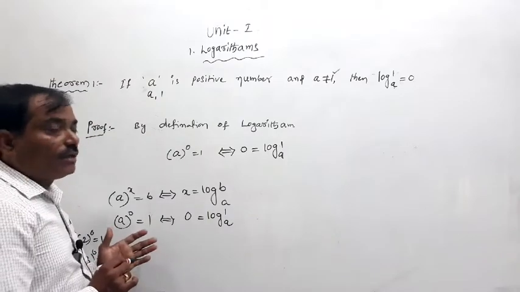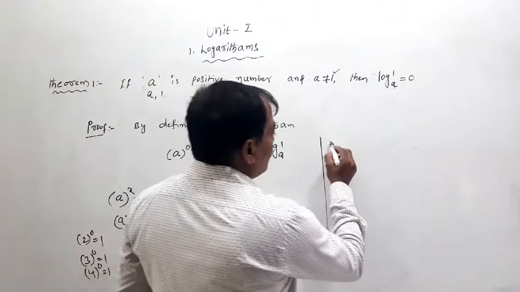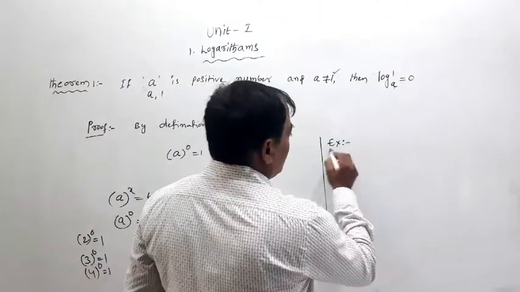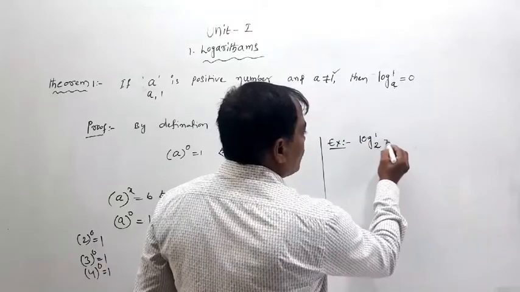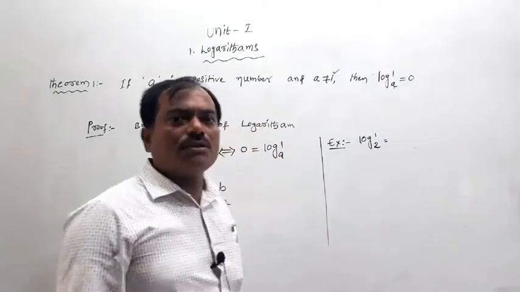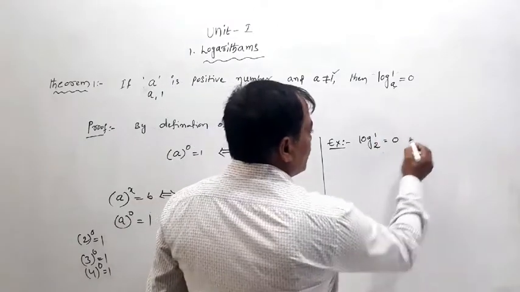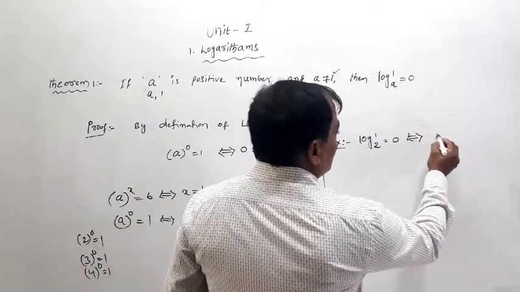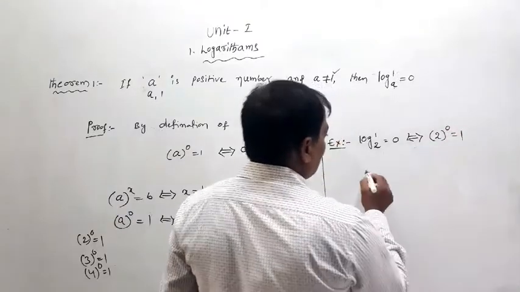Okay, now this is the second property. We are taking one or two examples. Log 1 to the base 2. So what is this value? This is equal to 0. The logarithm of 1 to the base 2 equals 0 if and only if 2 to the power of 0 equals 1.